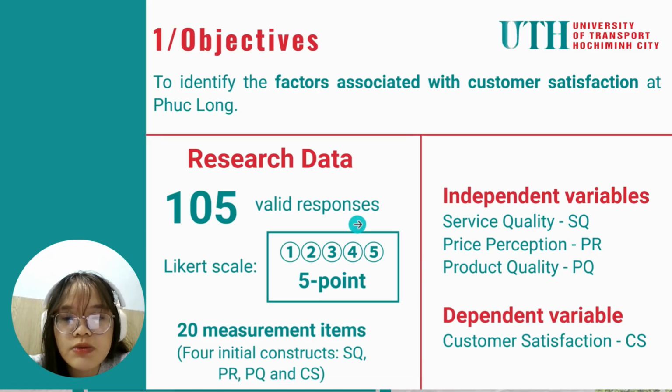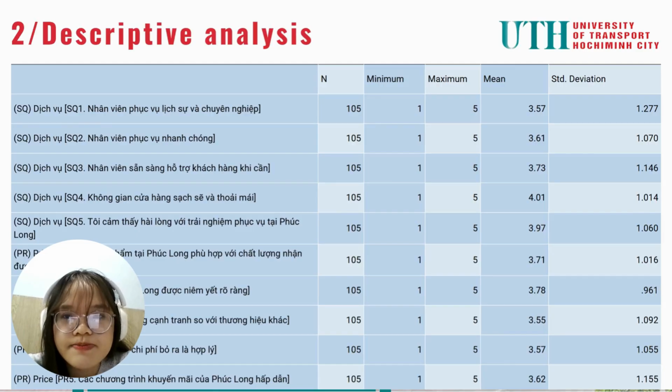The dataset contains 105 valid responses. The original questionnaire included 20 measurement items across four constructs. All of the items were measured using a 5-point scale, ranging from 1, strongly disagree, to 5, strongly agree.